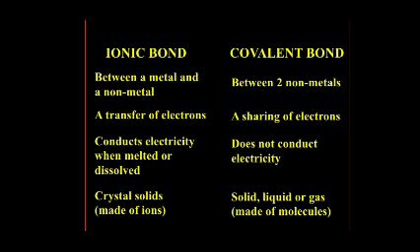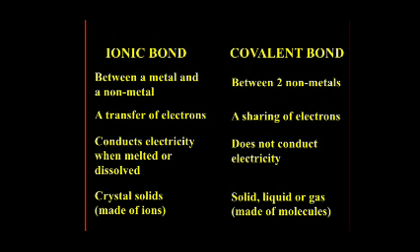Metal and non-metal means, for example, sodium metal and non-metal chlorine. By the transfer of electrons from sodium to chlorine, sodium chloride is formed. Between two non-metals like hydrogen and oxygen, there is mutual sharing of electrons between oxygen and hydrogen to form a covalent bond.